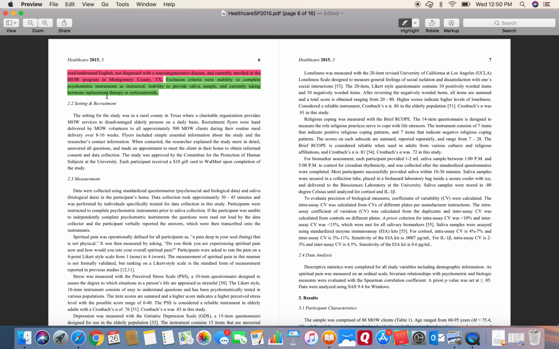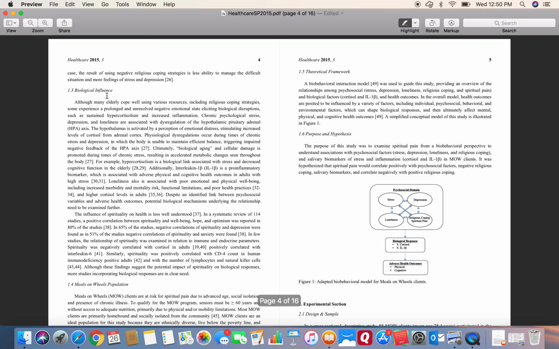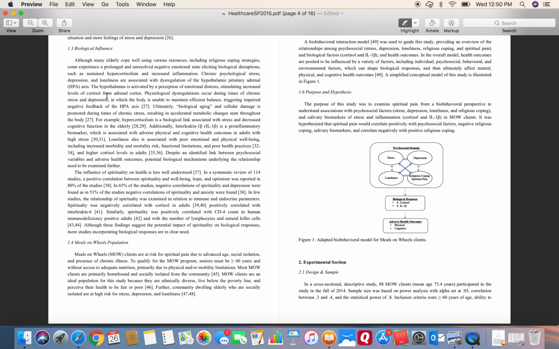So the reason I wanted to just point this out to you is that some students think that inclusion and exclusion criteria are simply just the opposite of each other. And that's not really how it is. So you can see here that I was including them. Let me go back.